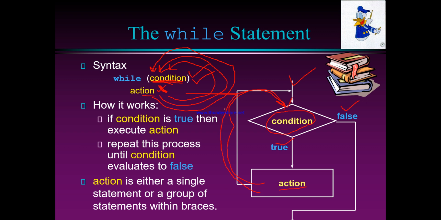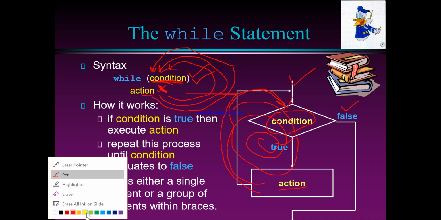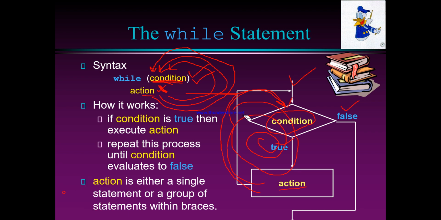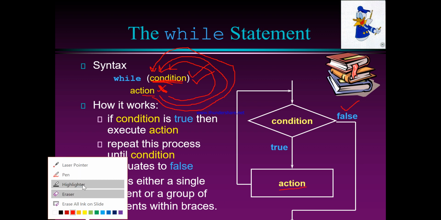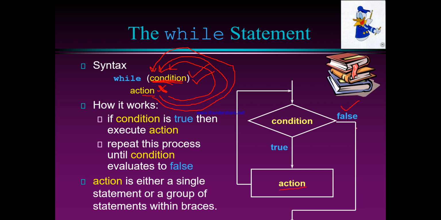So this is like a repetitive structure of the program. But whenever the condition becomes false, the execution will directly jump outside of the while loop, and no action will be performed.